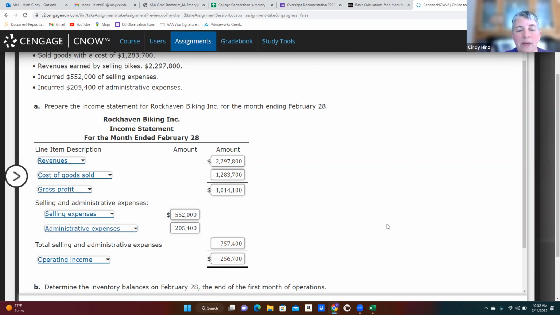This is called operating income because it does not include any non-operating items, what we call below the line items: discontinued operations, effective accounting change, non-recurring large ticket items might be considered below the line. We don't see any income tax here. And so operating income includes just the continuing operations of the company.